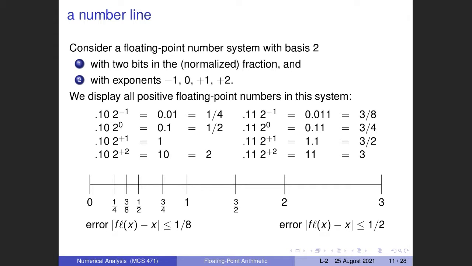That is, between the interval 0 to 1, the representation errors are a lot smaller than when you get farther away. So one way to reformulate a problem is to make sure that your numbers are not too large when you manipulate them.